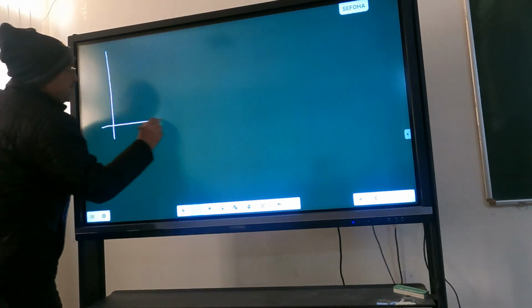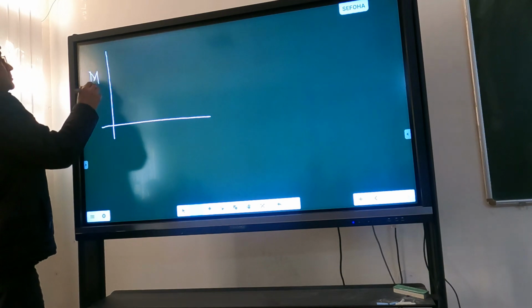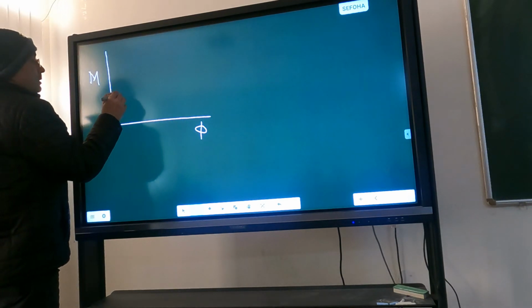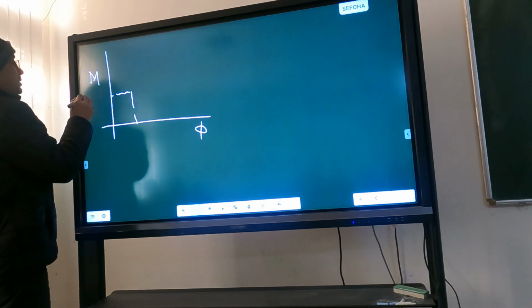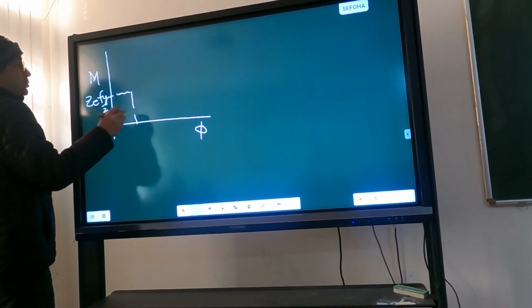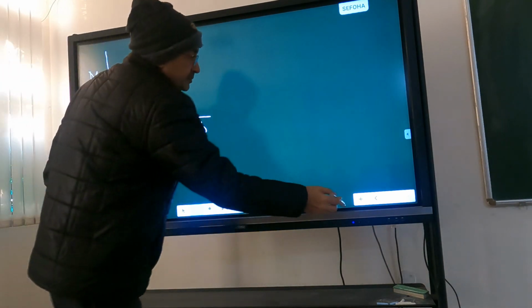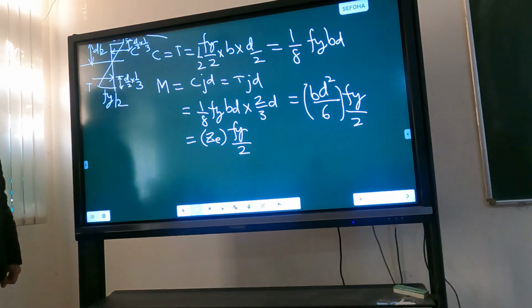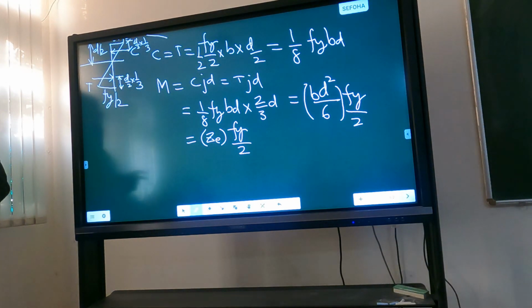M versus phi, at this point this is Ze into Fy by 2, and how much is phi here? It is strain epsilon c plus epsilon t divided by d.